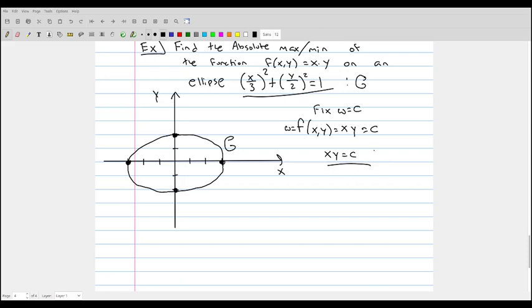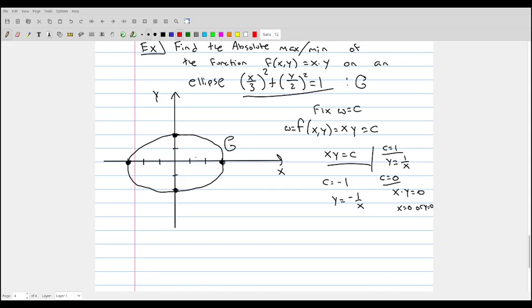So, for instance, when c is equal to 1, you get the curve y is equal to 1 over x. When c is equal to 0, you get the curve x times y is equal to 0, or x is equal to 0, or y is equal to 0. When c is equal to -1, you get the curve y is equal to -1 over x.